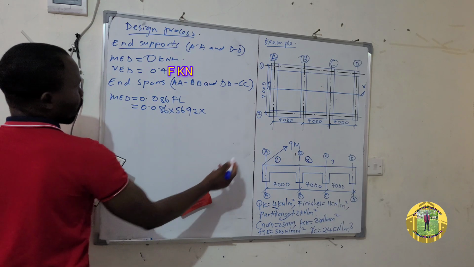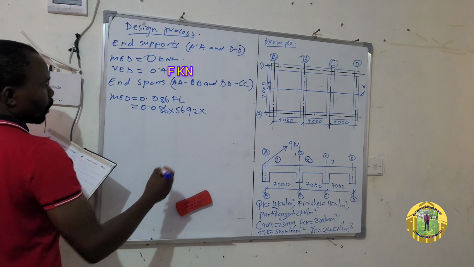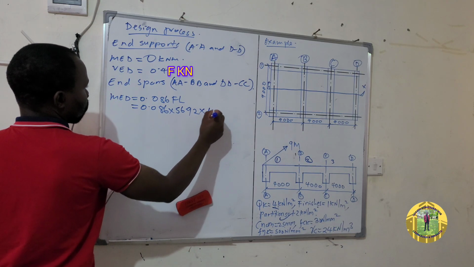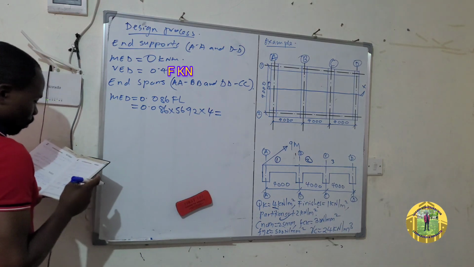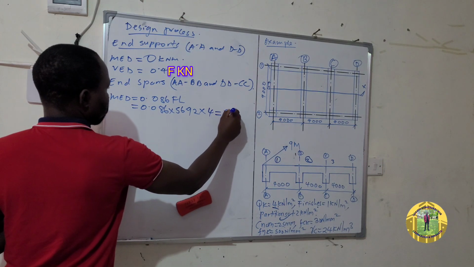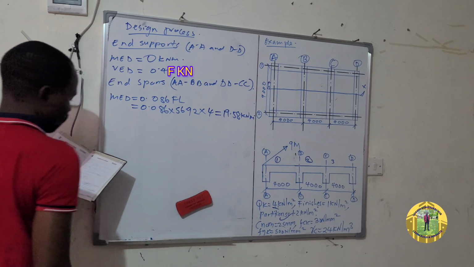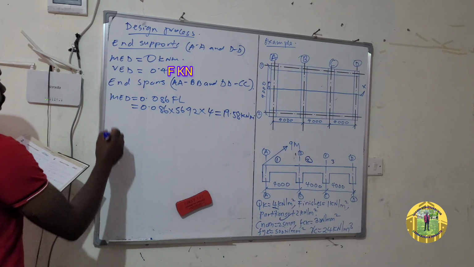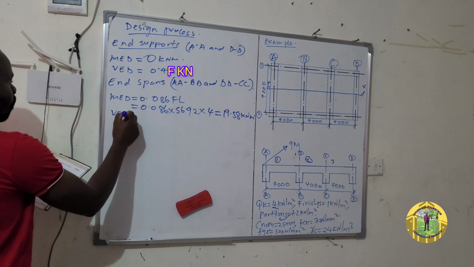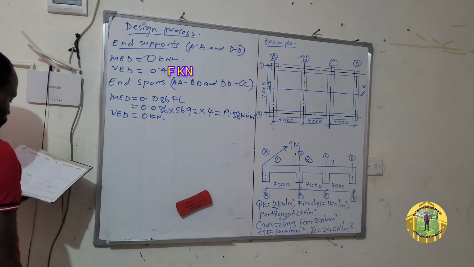Then times L. L is the effective length, which is 4 meters. So times 4. So this one is equal to 19.58 kilonewton meter. And VED from the table is 0 kilonewton.